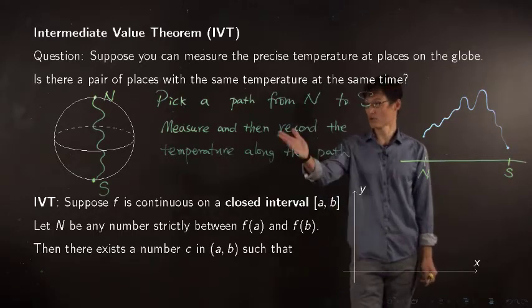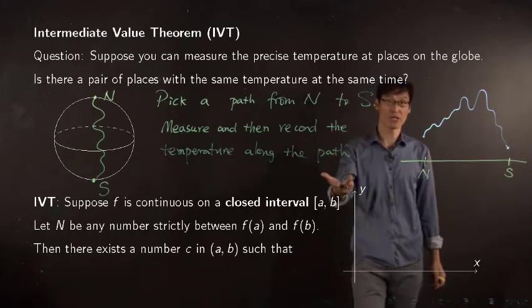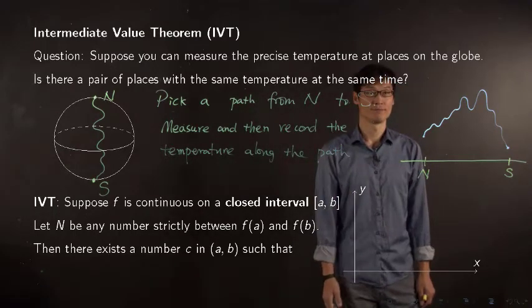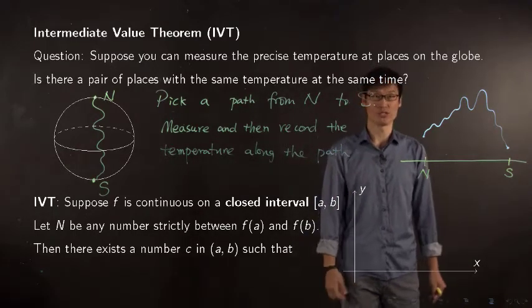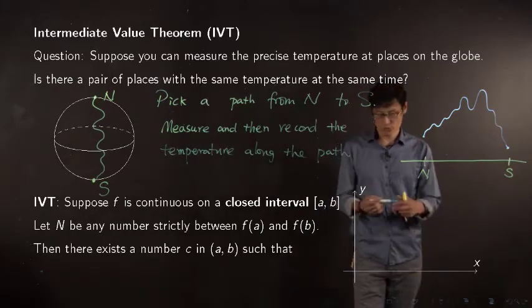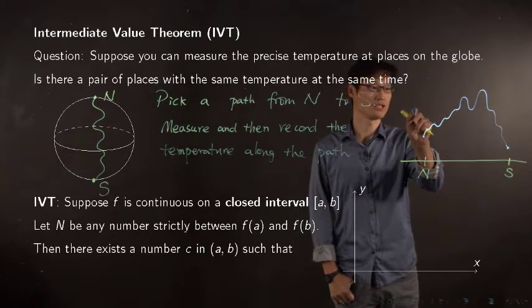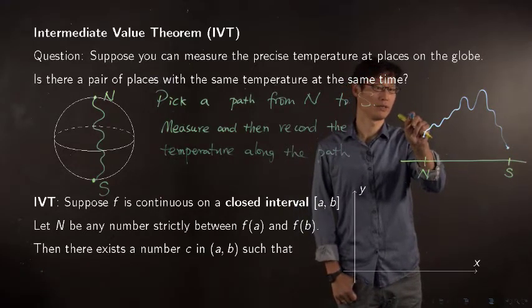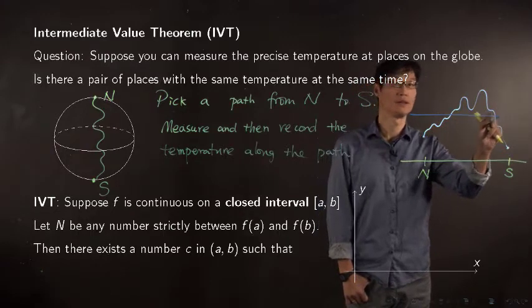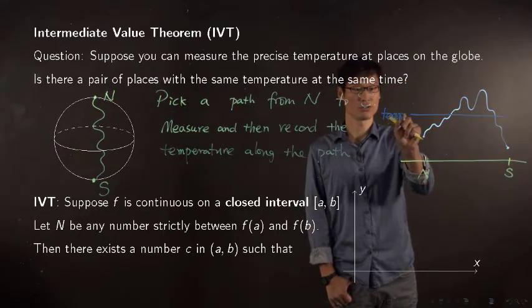Again, the question is, can you find a pair of places with the same temperature? Yes, the answer is yes. Well, once you draw horizontal line like this, things become clear. Say this is your temperature.